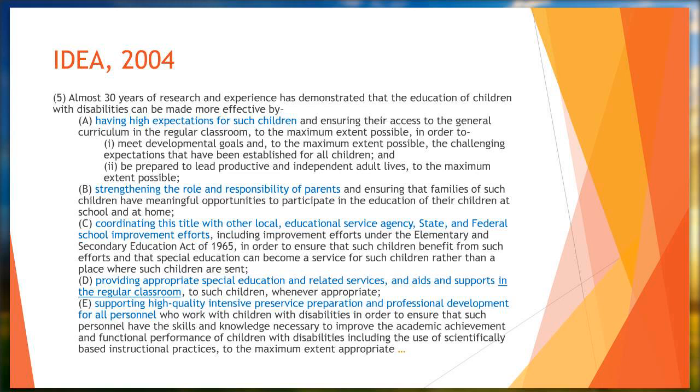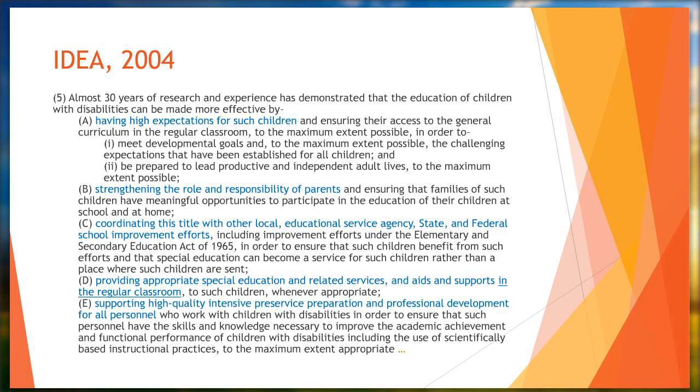The law also acknowledges the wealth of evidence that supports children with disabilities' academic achievement and functional performance. It provides concrete ways in which we can more effectively educate children with disabilities. One way is to have high expectations for children's learning and development with their peers in regular settings.